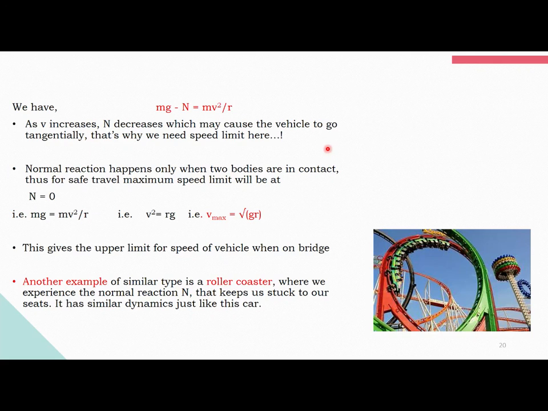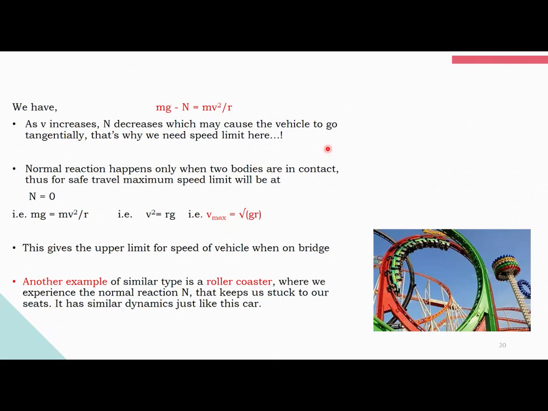We have mg minus N is equal to mv square upon r. As v increases, N decreases, which may cause the vehicle to go tangential. That's why we need a speed limit here on the curved road.